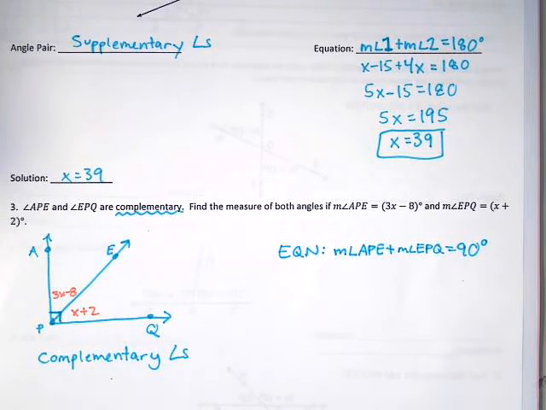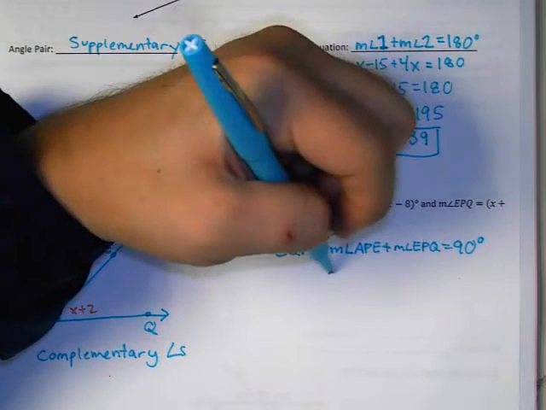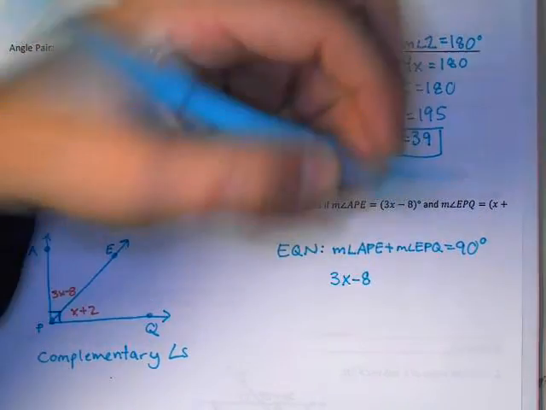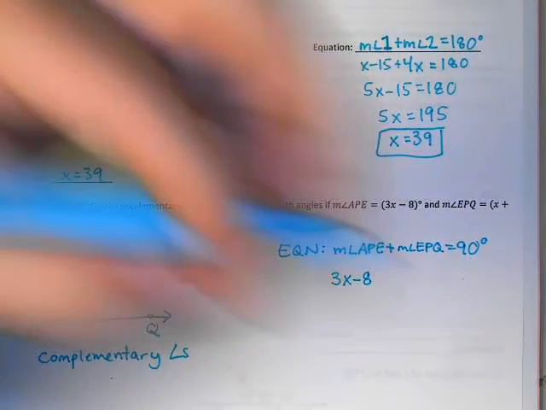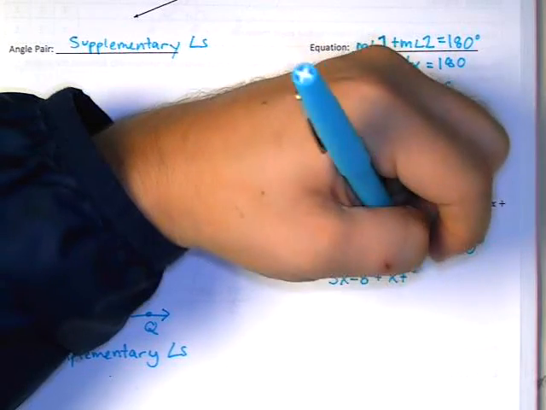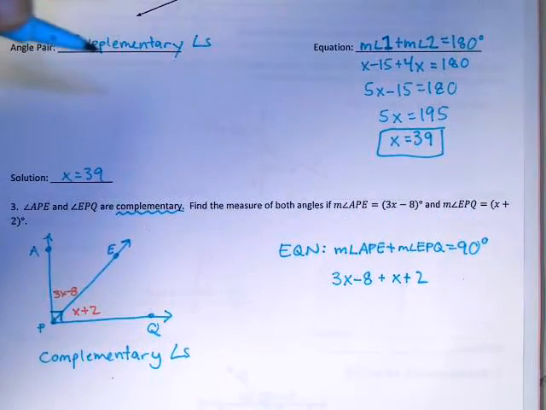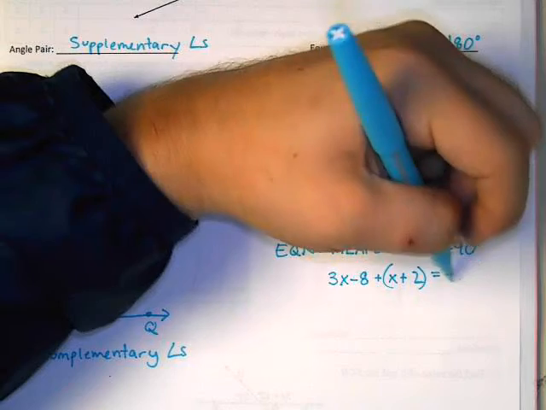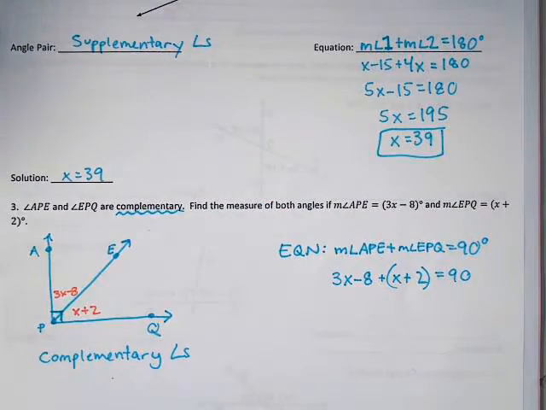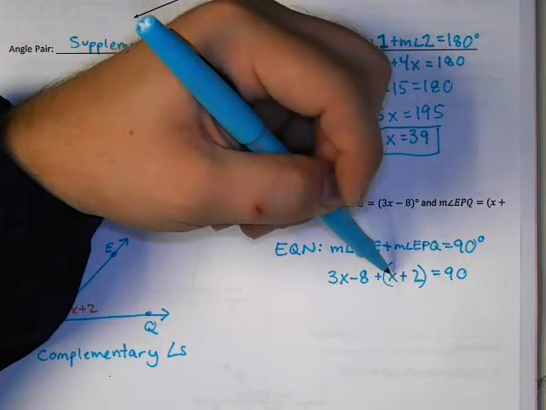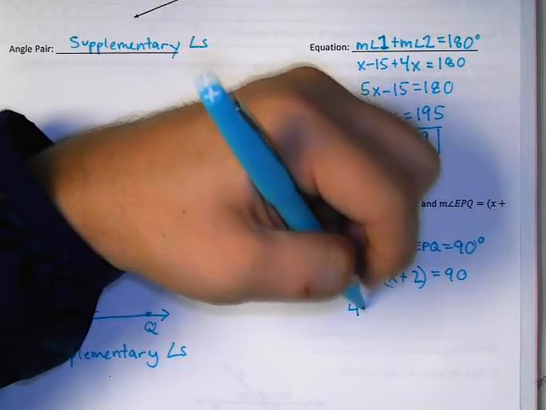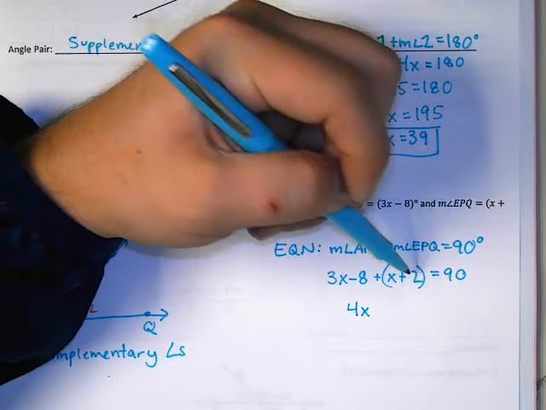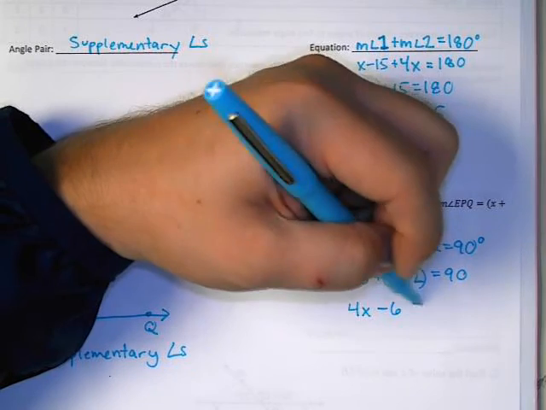All right, now we plug in, and we kind of do the same stuff that we've been doing. So (3x minus 8) plus (x plus 2). I should put that in parentheses, my bad. Equals 90. All right, well, when we try to clean this up, we have 3x and 1x, so that's 4x. And we have negative 8 and positive 2, so negative 6.